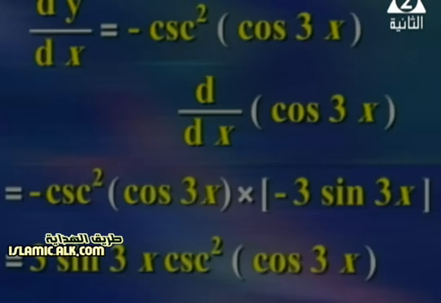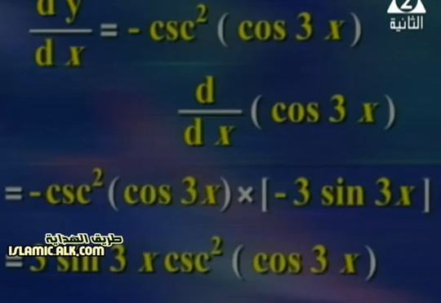Because we have cos 3x inside. The first factor is negative cosec squared (cos 3x), multiplied by the differentiation of cos 3x, which is negative 3 sin 3x.